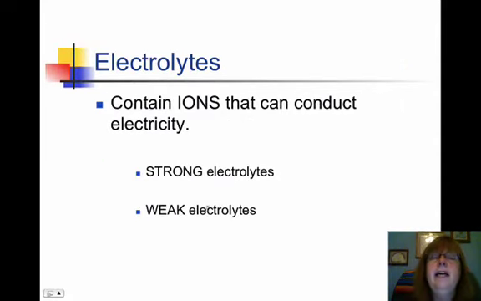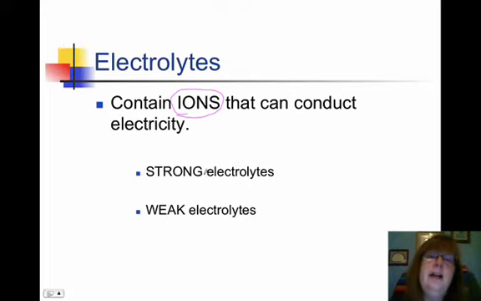Well, what causes some things to conduct and some things to not conduct? Well, electrolytes, things that do conduct electricity, are solutions that contain ions. They have charges. That's why they're conducting electricity. And so, as the name implies, ionic compounds, when you dissolve them in water, will be electrolytes.